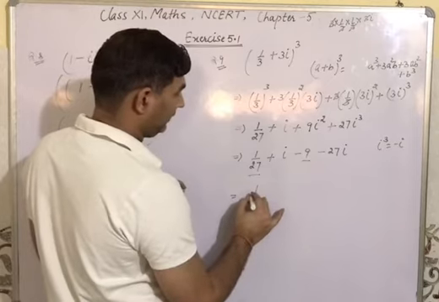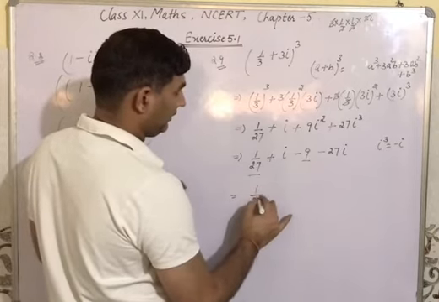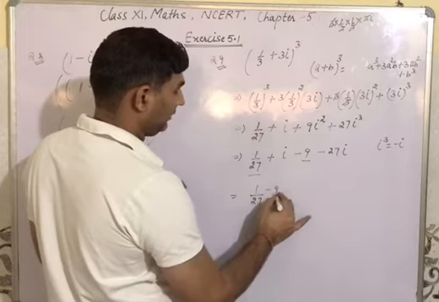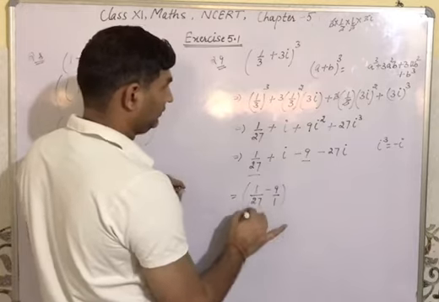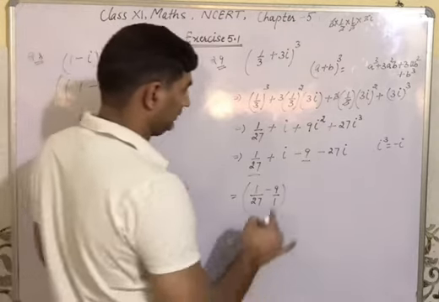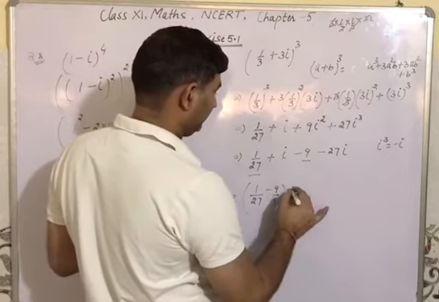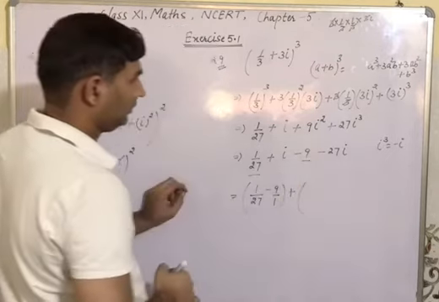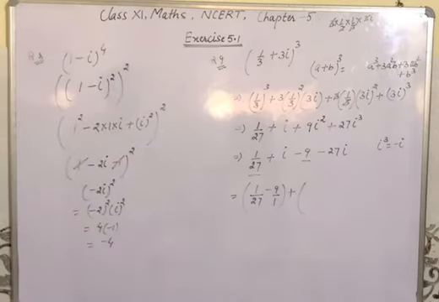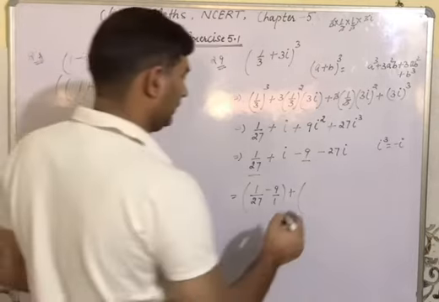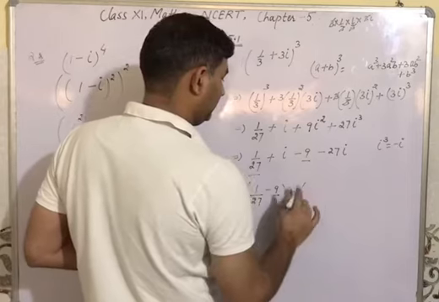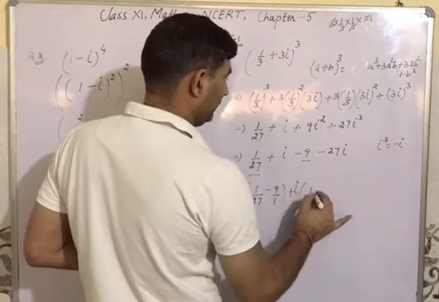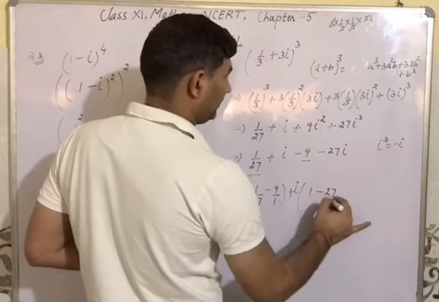Then 1 by 27 minus 9 upon 1. And then this plus, both terms are minus 26 iota. Minus 26 iota. Iota is this. 1 minus 27.